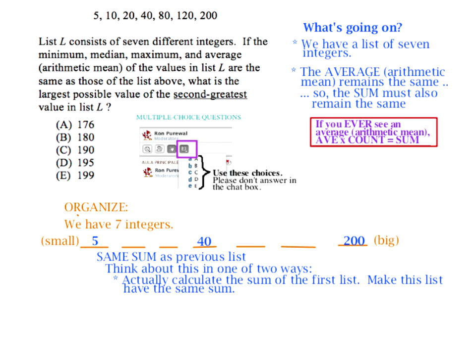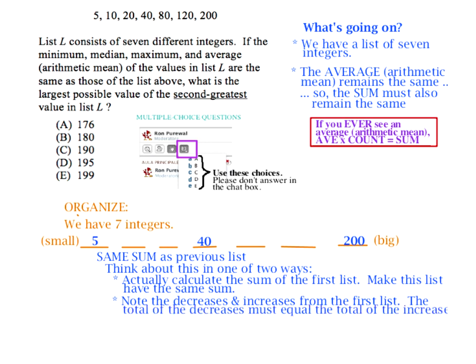I would rather think about how much things go up and down, right? So just note the decreases and increases from the first list. Because the sum has to balance out, the total of the decreases must equal the total of the increases, because they have to cancel each other out.